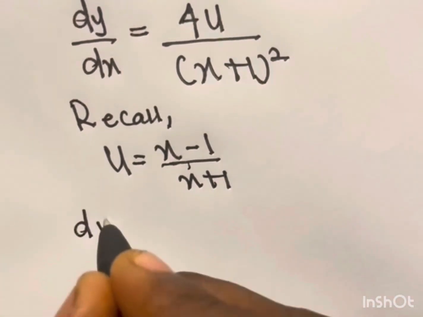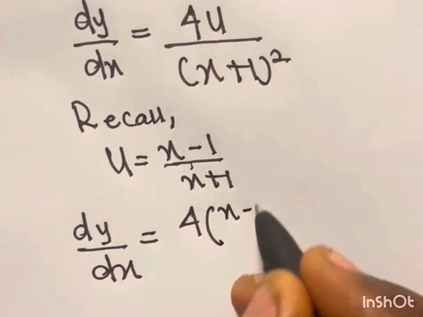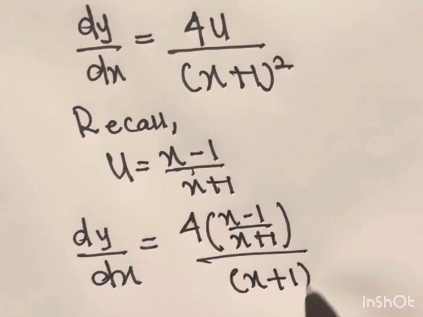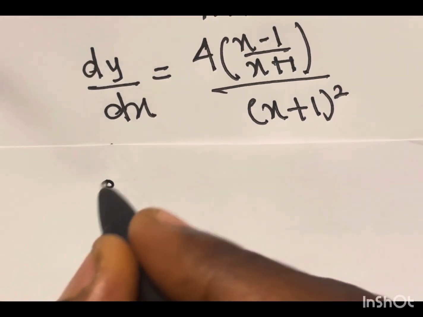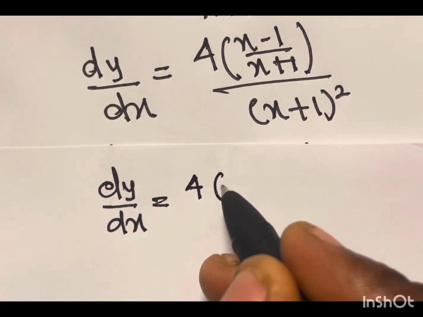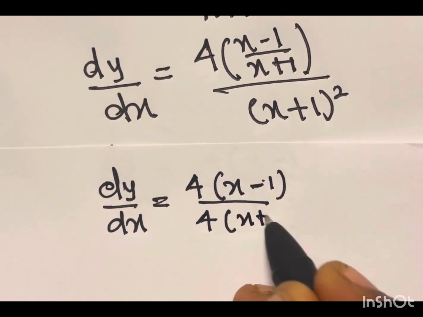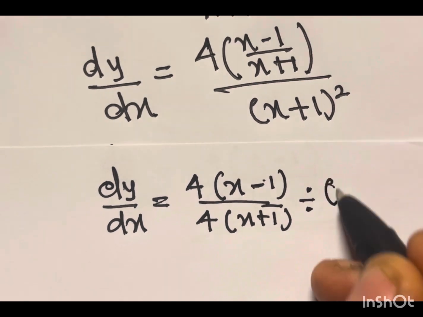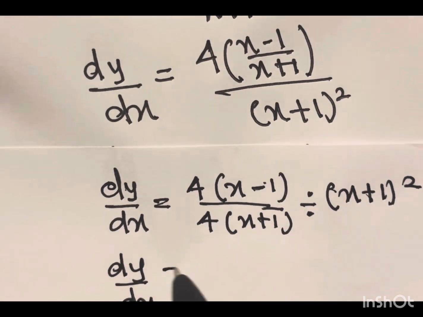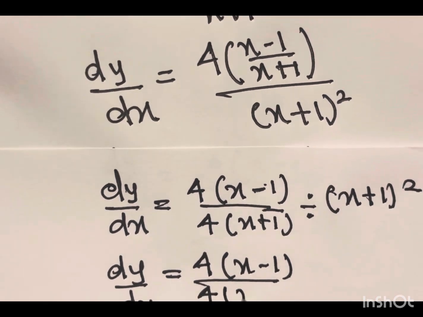We have dy/dx equal to 4 times (x minus 1 divided by x plus 1), divided by x plus 1 squared. That is 4(x minus 1) over (x plus 1), divided by (x plus 1) squared.